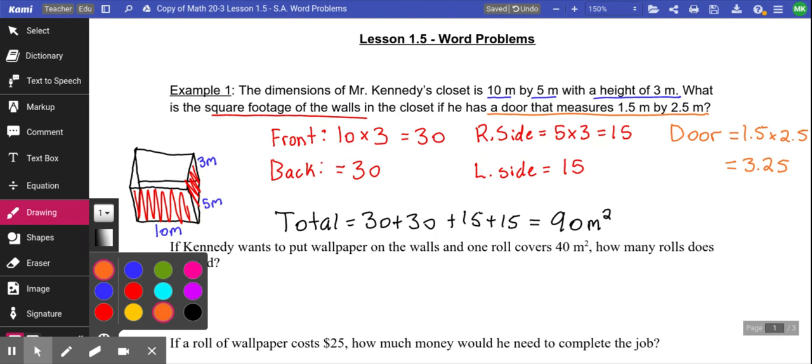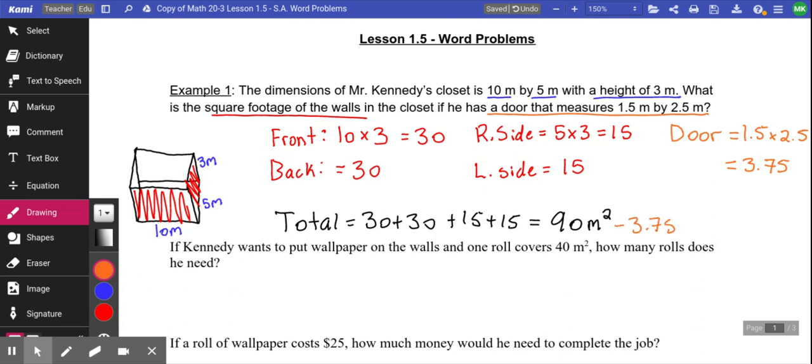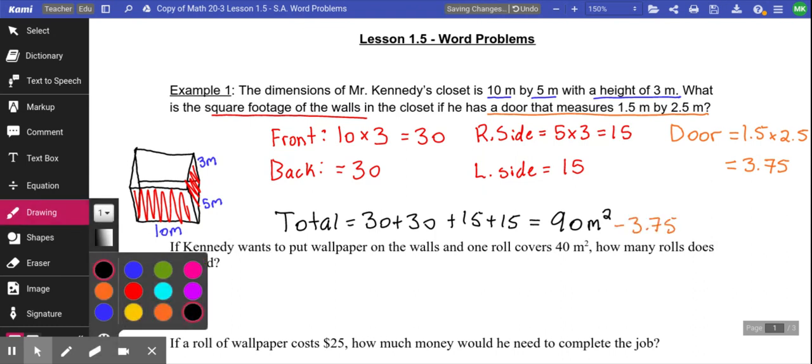Oh, it's 3.75, not 3.25. Perfect. Now you can take your walls and subtract away that hole in the wall for the door to get your new total and your final answer of 86.25.